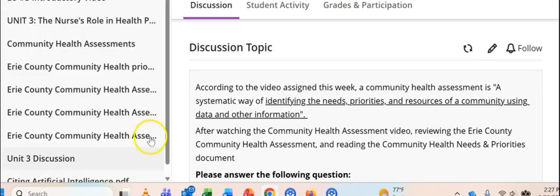So for your discussion, you're going to note that a community health assessment is a way of identifying needs, priorities, and resources. We're not quite looking at the resources right now, but resources as well of a community using data. So this is data. This is accurate, recent data that we're looking at.